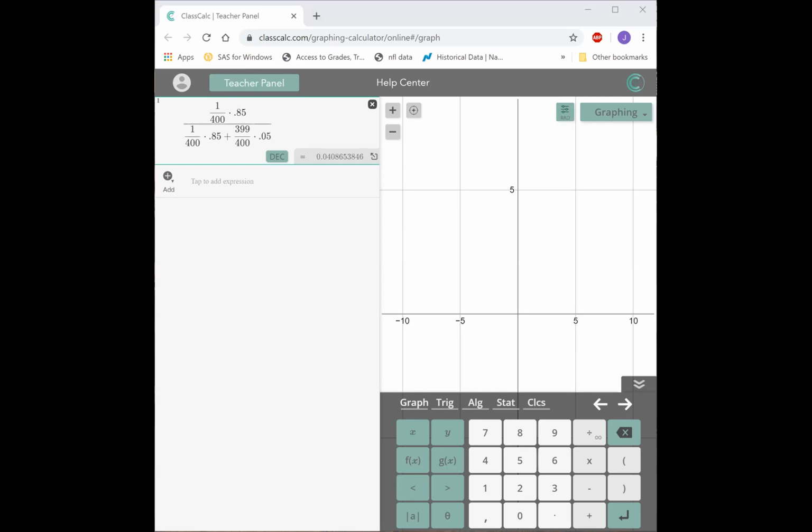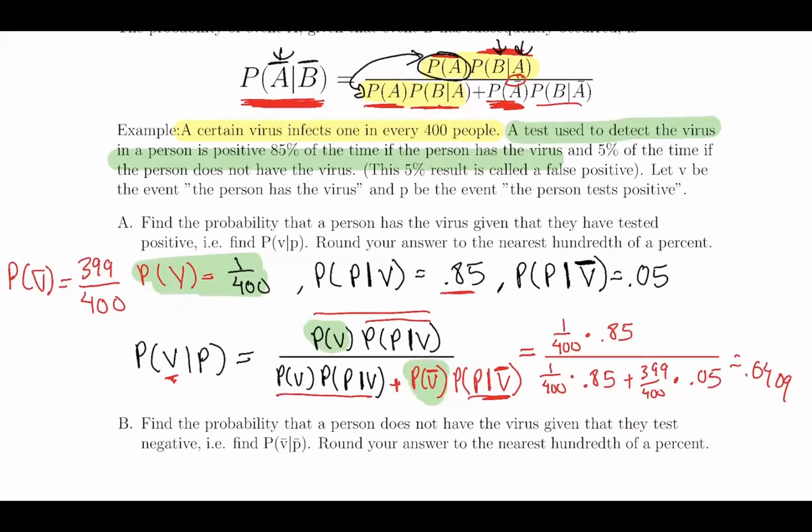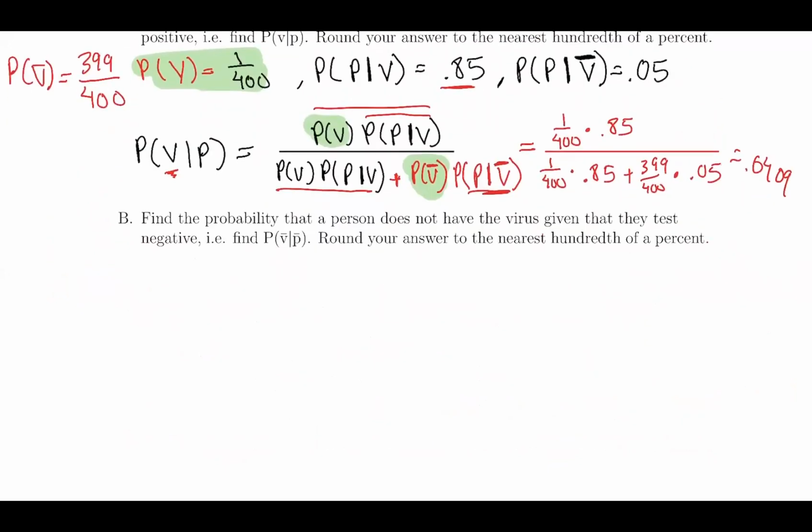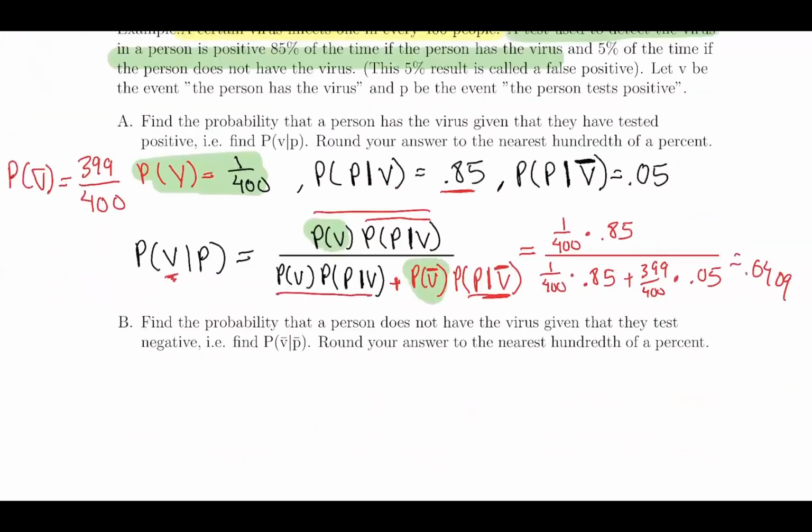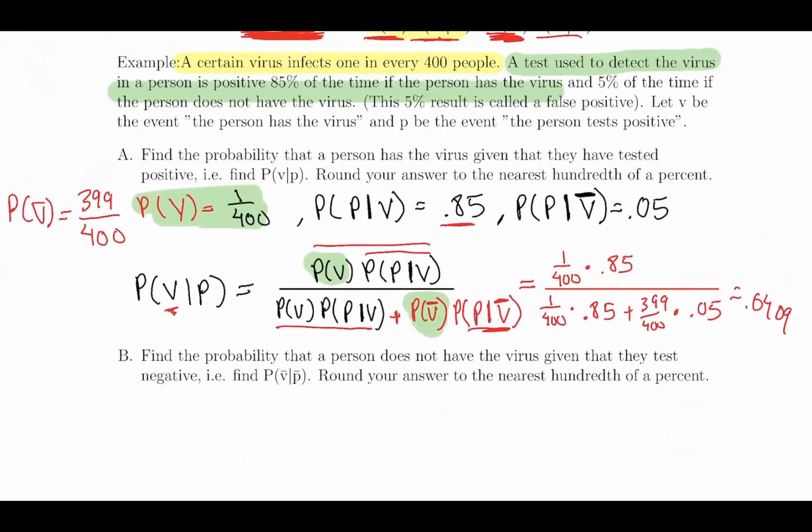We're going to find this probability again, but first let's go back to the formula for conditional probability. It is the probability of V and P, all divided by the probability you get a positive test result.